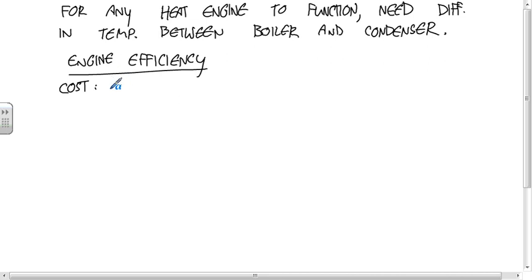So in order to get energy out, you need to put energy in. The energy we put in is the heat. That's the heat at the boiler, and I'm going to call that QH for the heat. Q is the heat, H for high temperature.